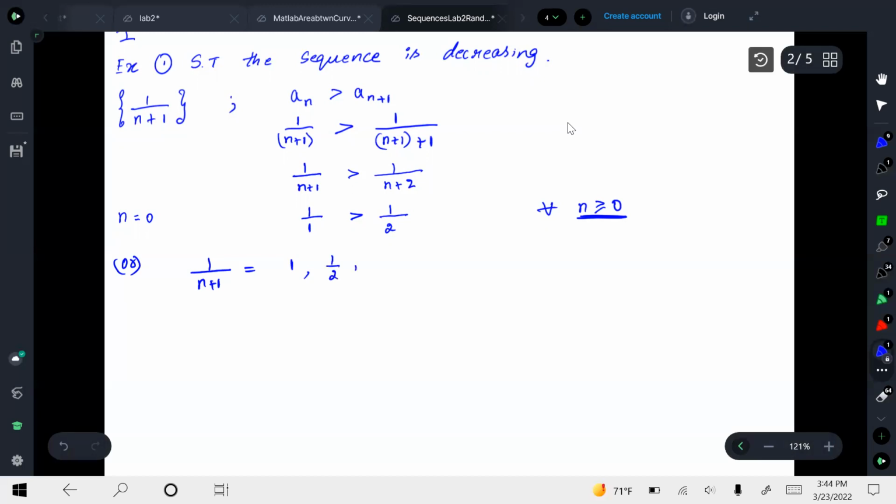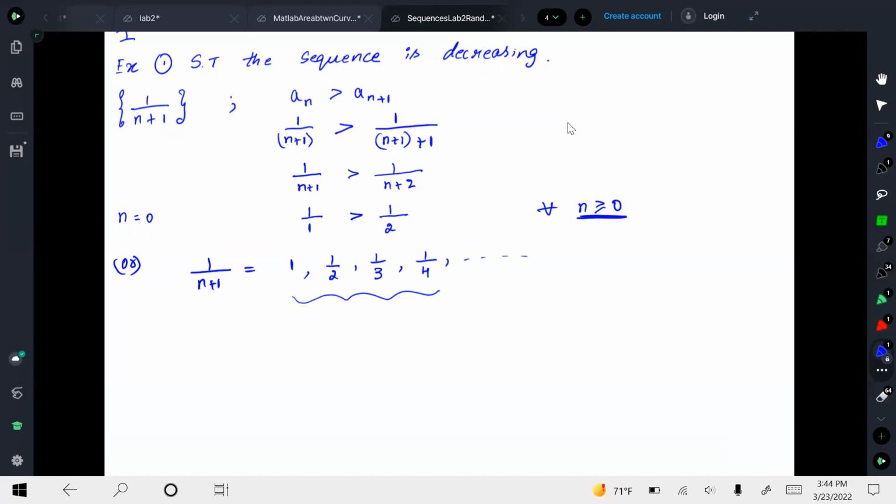For n equal to 2, you get 1 over 3. For n equal to 3, you get 1 over 4, and so on. If you look at these four numbers, you'll see that it is decreasing: this is 1, this is 0.5, this is 0.33, and this is 0.25, and so on. So the sequence is decreasing. This is one way of showing it as well.